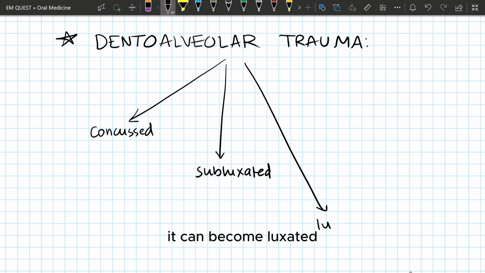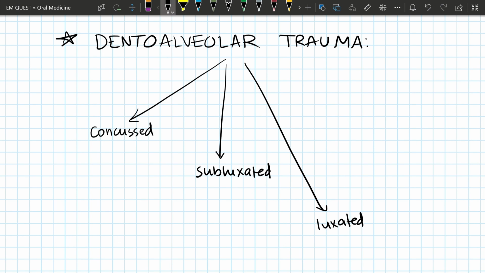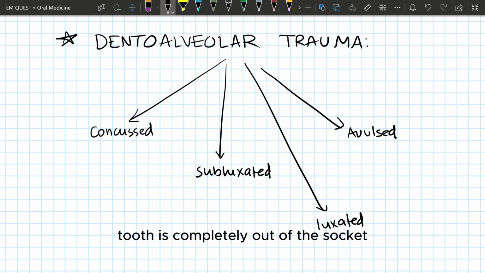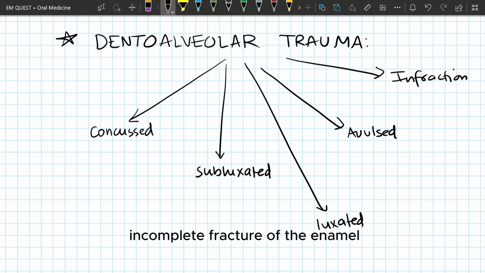It can become luxated, in which the tooth moves out from its anatomic location. It can become avulsed, in which the tooth is completely out of the socket, and they can have infraction, which is incomplete fracture of the enamel, or the tooth can get completely fractured.